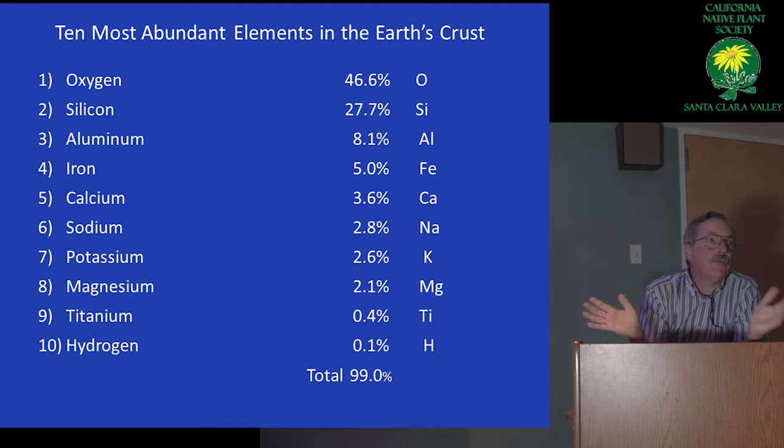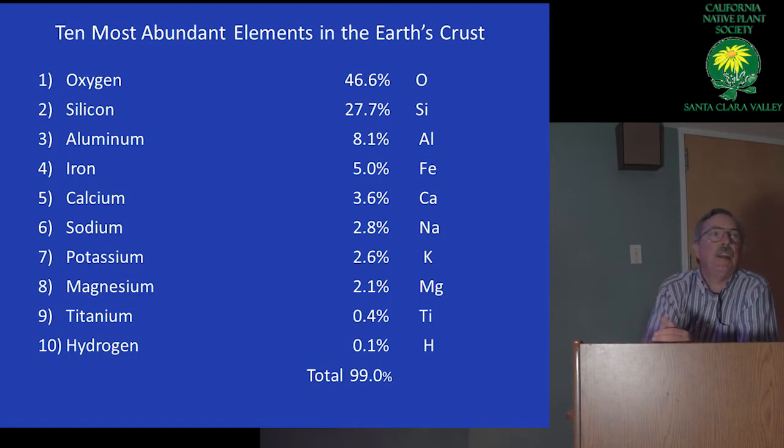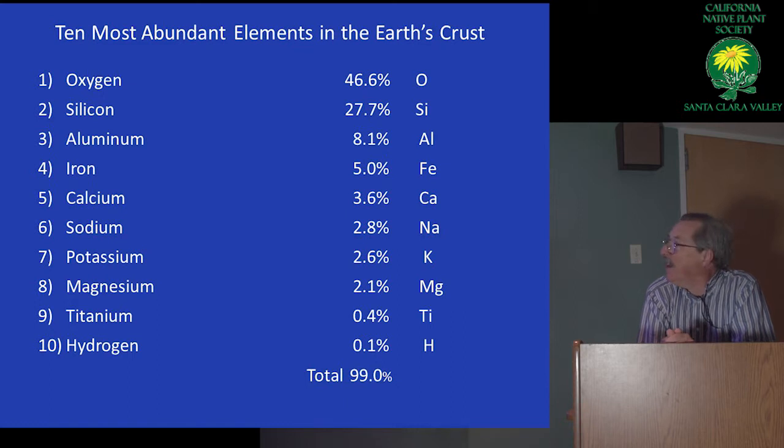Okay, so we're talking about these elements that plants need, and here are the 10 most abundant elements in the Earth's crust. The 10 most abundant come out to 99% of the Earth's crust. And the next slide, those are the ones that plant life depends on.